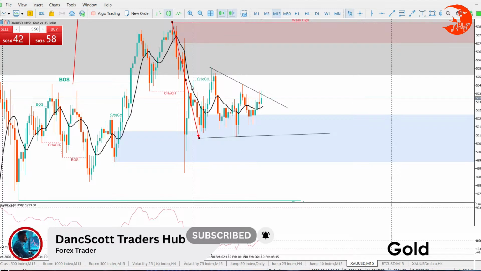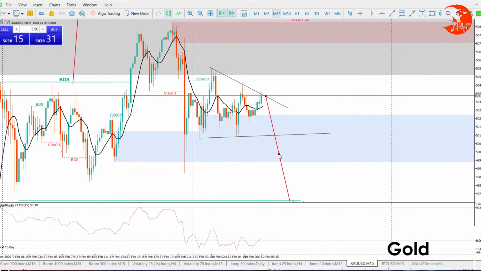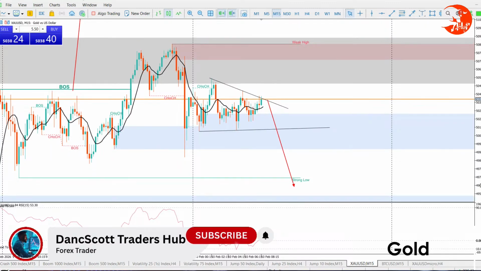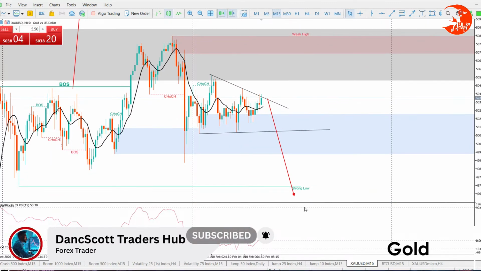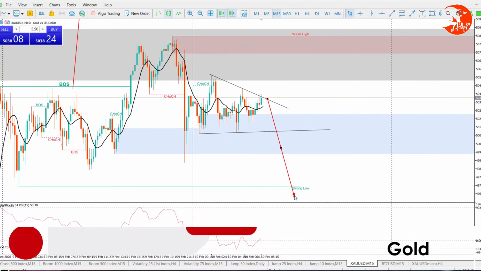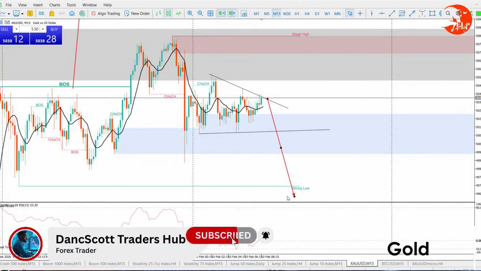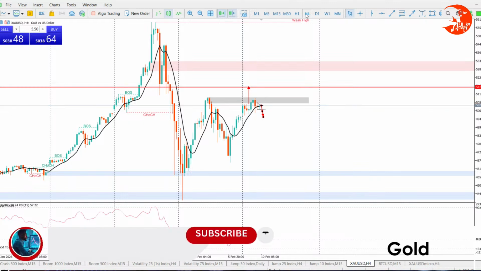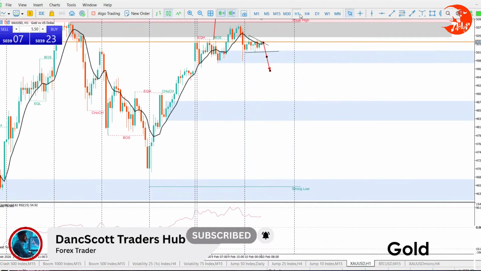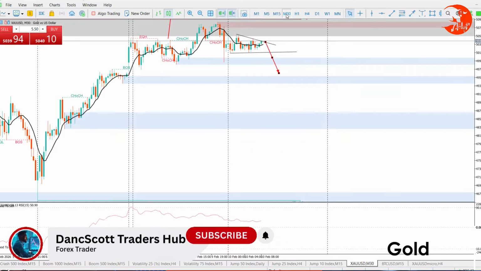But then I don't see how it's looking for this. Okay, there's this strong low here according to M15. Apart from that, I don't know. I don't see the reason it has to react back there.